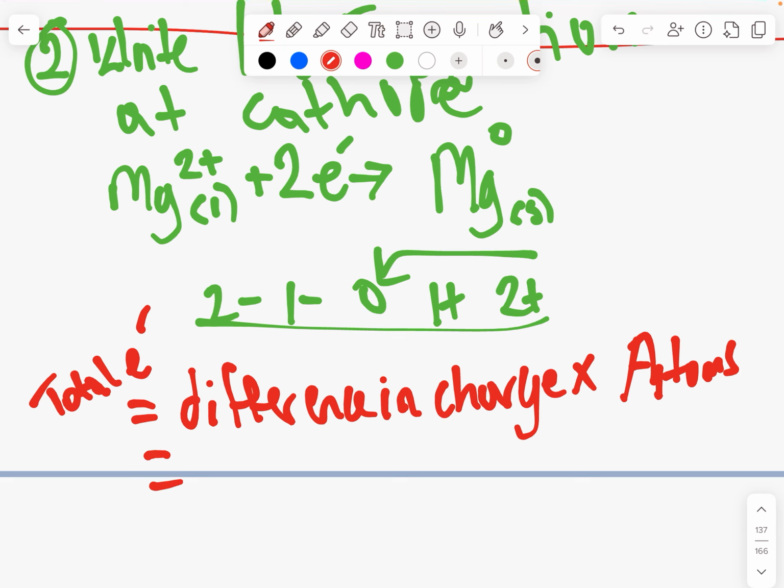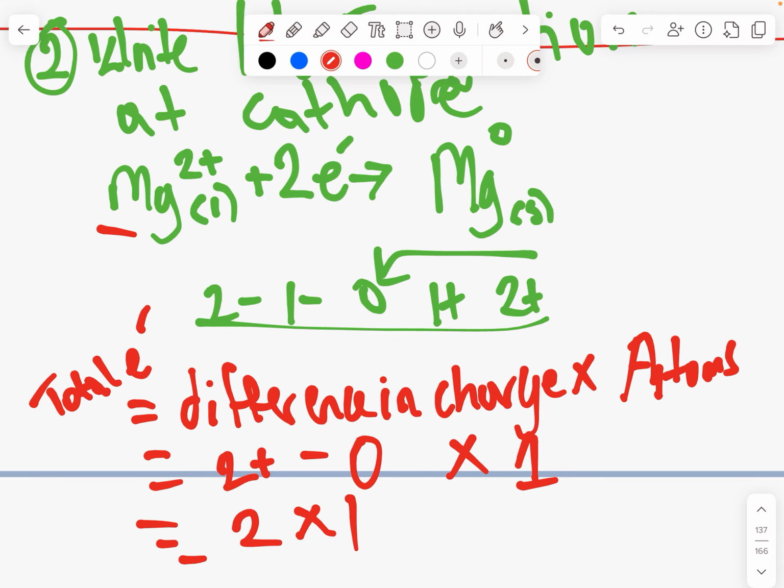In this case, the difference in charge is 2+ minus 0. Whenever you hear the word difference, you're subtracting. There is 1 magnesium on the left, 1 on the right. So it's 1 times 2+ minus 0, which is 2. Therefore the amount of electrons remains 2e. Always do this before you come to the conclusion of the amount of electrons. So this half equation is correct.